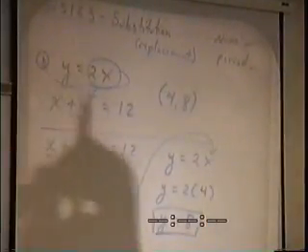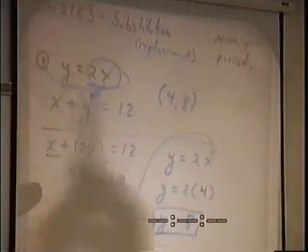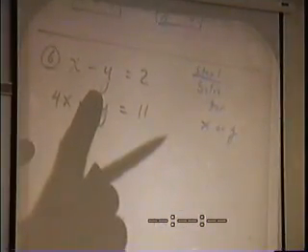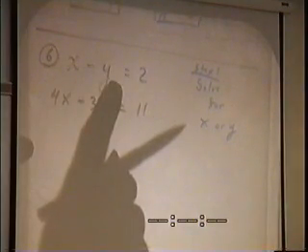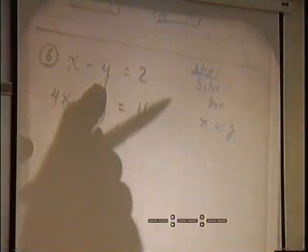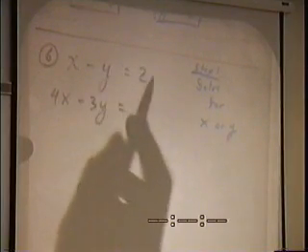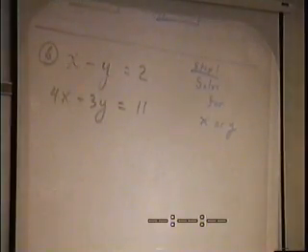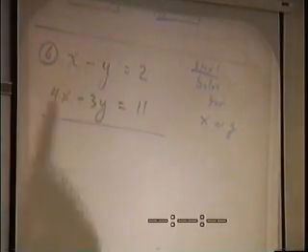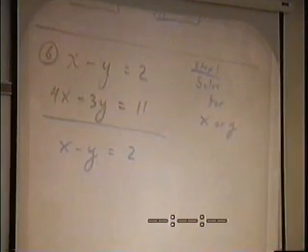Notice in this one it was already solved for, so I could just substitute it directly in. This one is not that case, so I have to solve for either x or y. It is easiest in this one to solve for x, because all I have to do is add y to both sides. See that? So I'm going to do it that way. I'm going to take x minus y equal to 2, and I'm going to solve it for x.